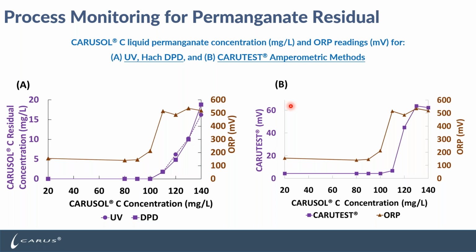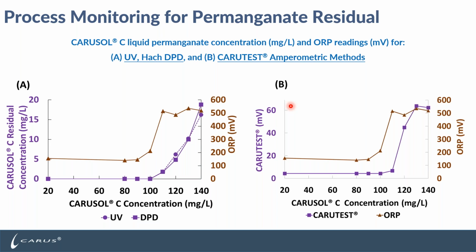What we found was that the changing makeup of the influent process water, depending on rainfall and seasonal events, meant that the baseline readings for both ORP and the carrier test were not at 0 millivolts when no permanganate was present, so these were eliminated as potential online monitoring options.